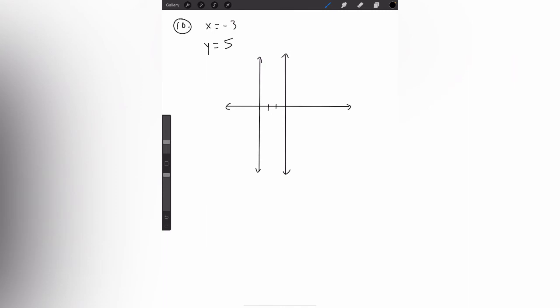And this line equation is x is equal to negative 3. It's a straight up and down line, right? With no slope or undefined slope. Okay. And then I'm going to have y is equal to 5. 1, 2, 3, 4, 5.